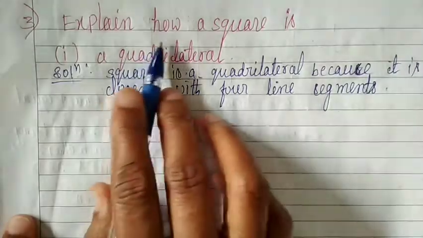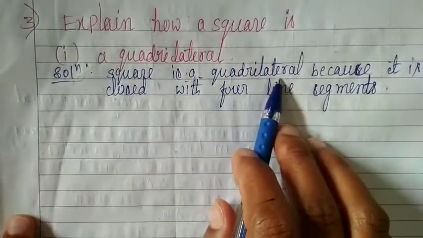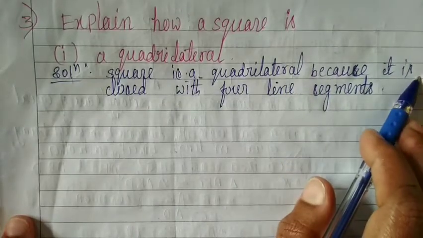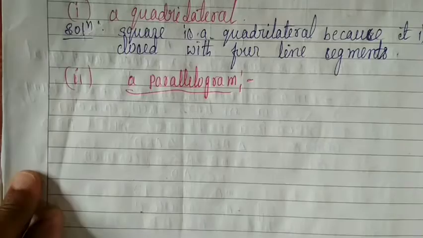Once again, explain how a square is a quadrilateral. A square is a quadrilateral because it is closed with 4 line segments.